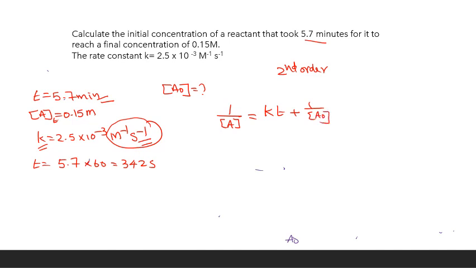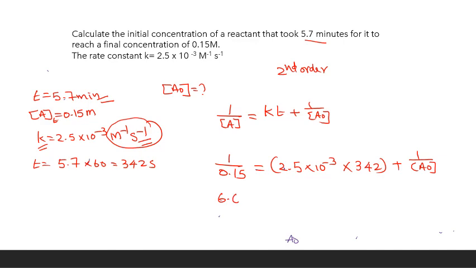So now I have the values. I just substitute that, and then 1 over concentration A is 0.15, that equals 2.5 times 10 to the power negative 3, which is the K value, times time, 342 seconds, and then 1 over concentration A0. That's what I have to find.